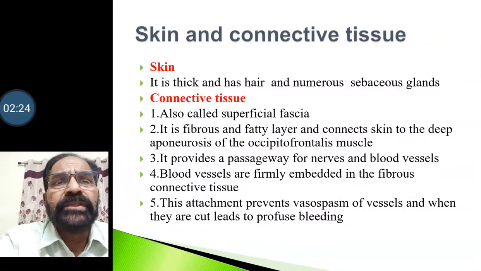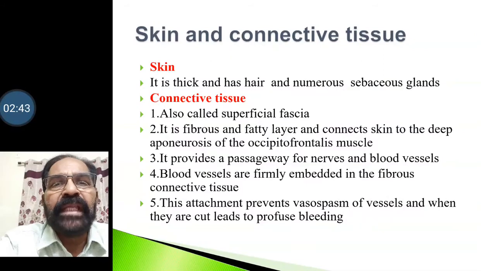It provides passage for nerves and vessels. Blood vessels are firmly embedded in the fibrous connective tissue, and this attachment prevents vasospasm of the vessels when they are cut, which leads to profuse bleeding.